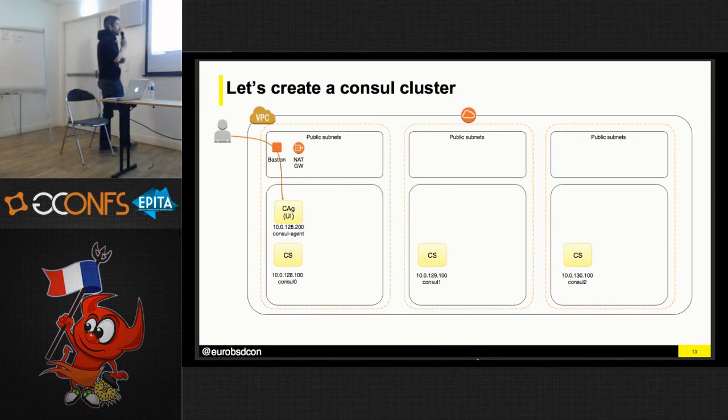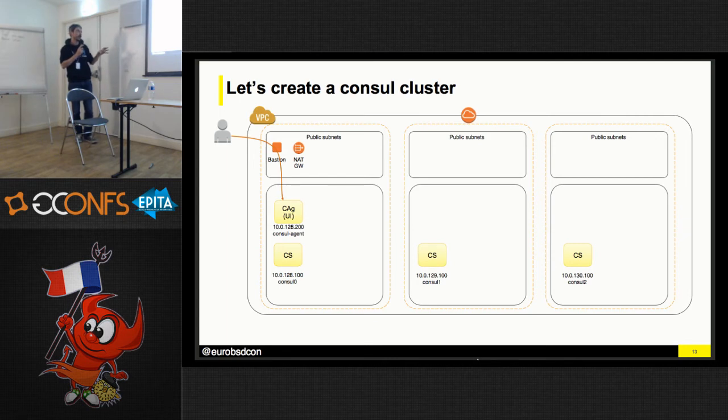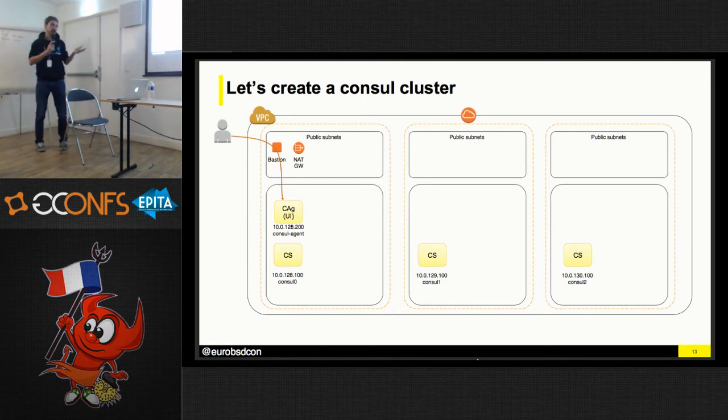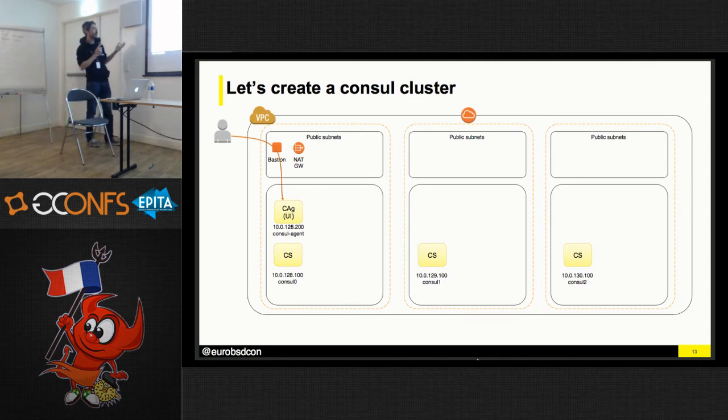Now what we're going to do is start creating more interesting things. So we had the basics, all the network basics, and what we're going to do now is build a Consul cluster. Consul is a tool developed by HashiCorp, the people who do Vagrant, Packer, and Terraform, and it's used for service discovery, and it's a distributed key value store.